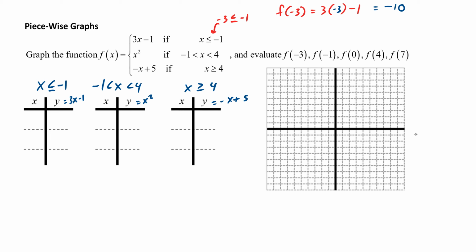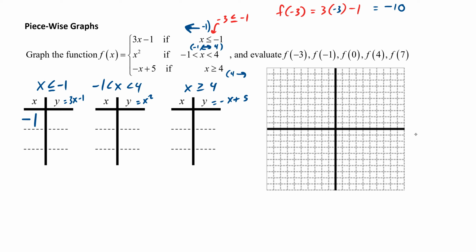So the way I like to start is to think about it this way. This is x less than negative 1, so that means we're going this direction. This one is between negative 1 and 4. And this one is bigger than 4, so we're going that way. So think about the numbers you want to plug in. For this first one, we're going less than negative 1.